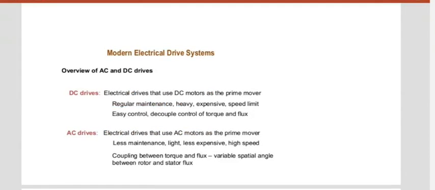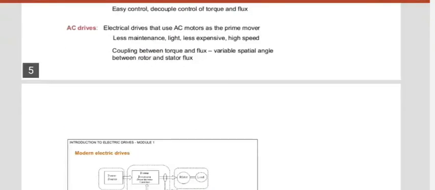And drives can be AC and DC for sure. There are advantages of AC drives, and I suppose some disadvantages also. So it's good to have this PPT also with you for future.